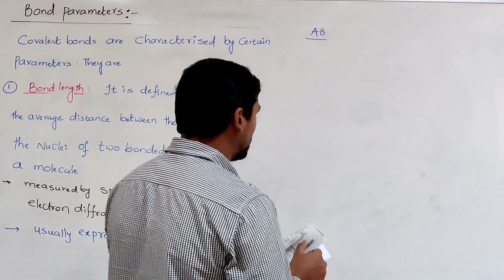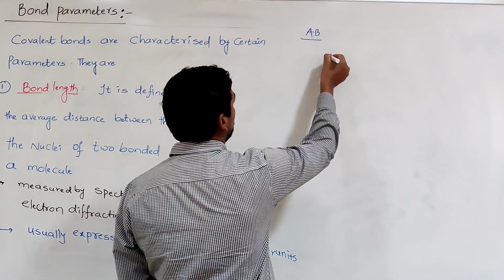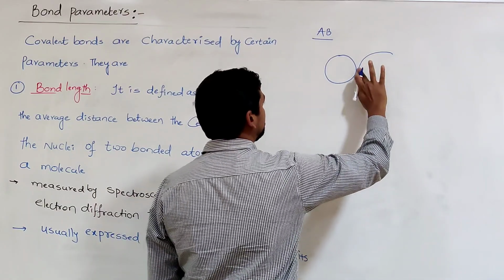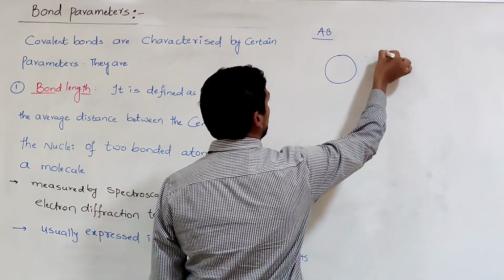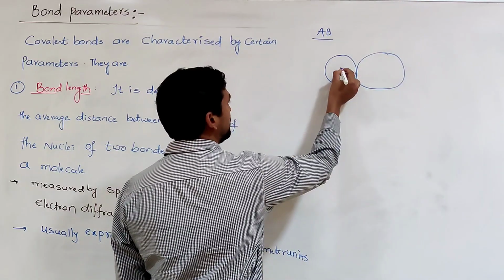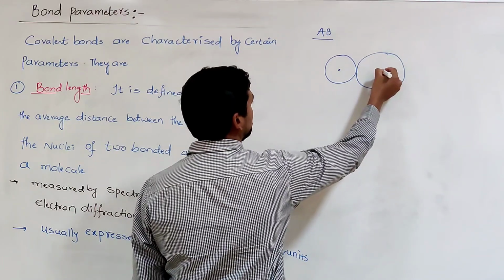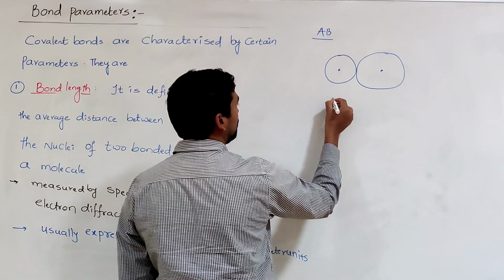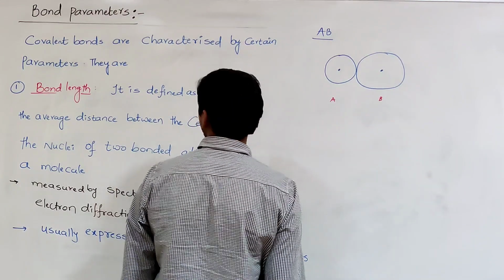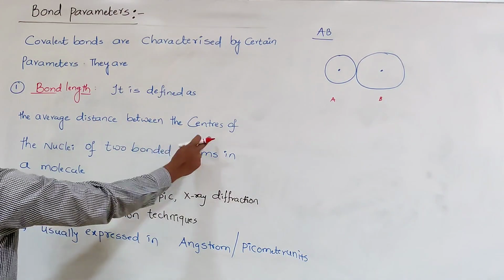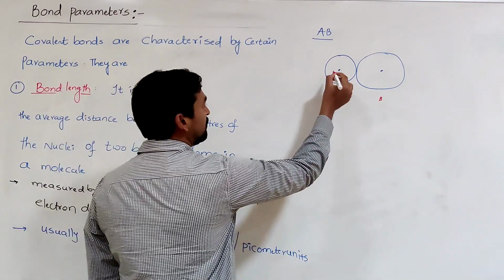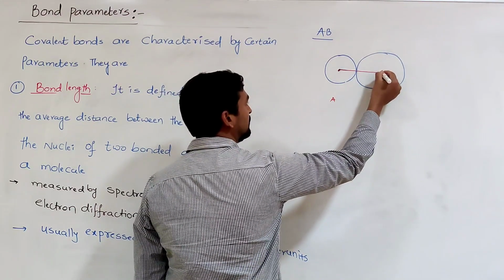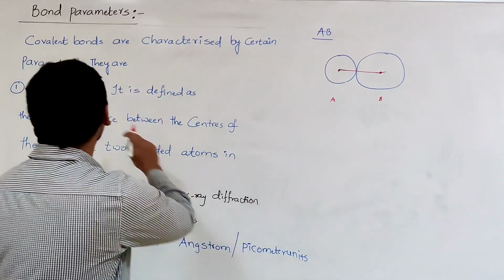Say this is atom A and this is atom B. This is the center of the nucleus of atom A and this is the center of the nucleus of atom B. The average distance between the centers of the nuclei of two bonded atoms, from this nucleus to this nucleus, whatever the distance is, is simply called the bond length.